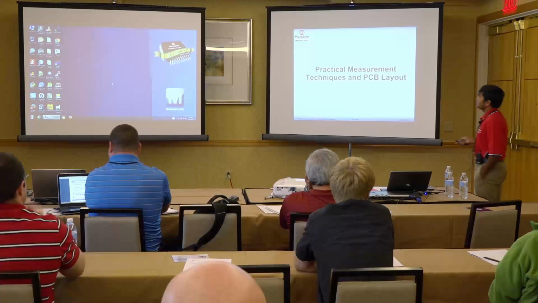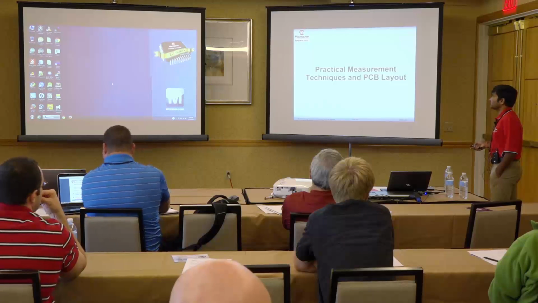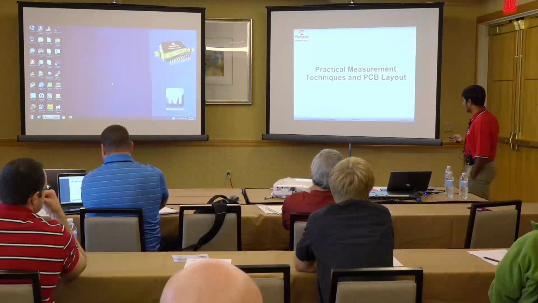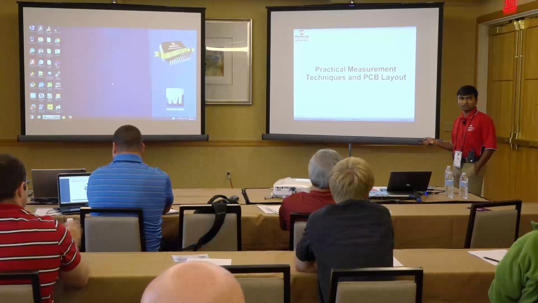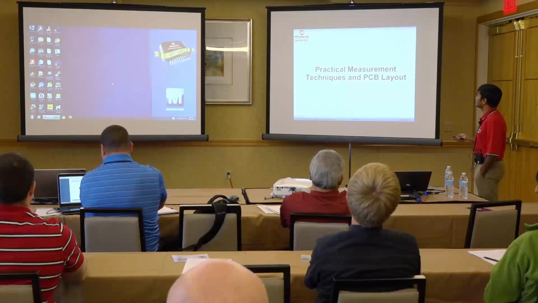So, let us go over some of the practical bench measurement techniques and the PCB layout guidelines while working with these controllers. I mean, these are applicable for other products as well. These are the general practical measurement techniques.